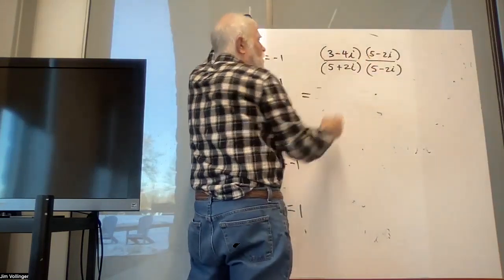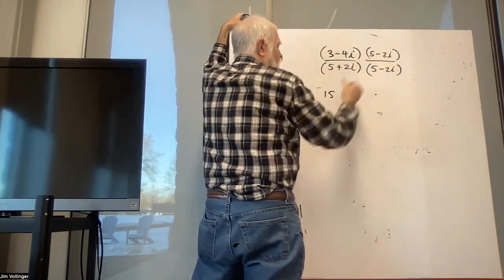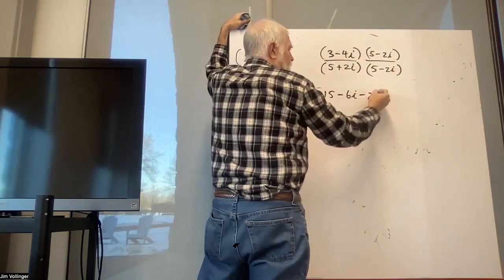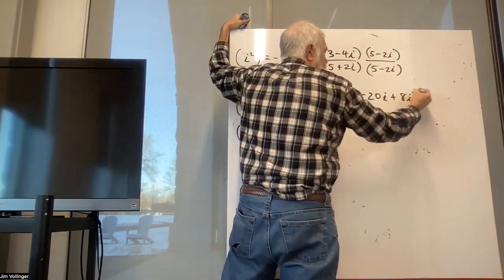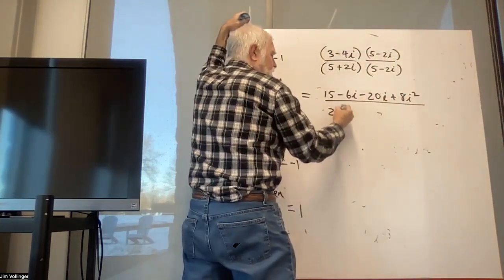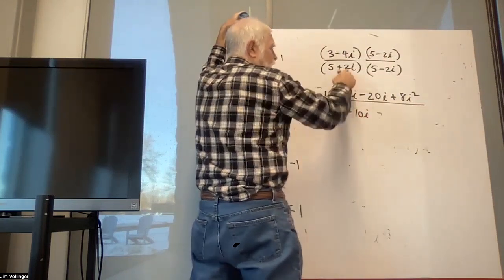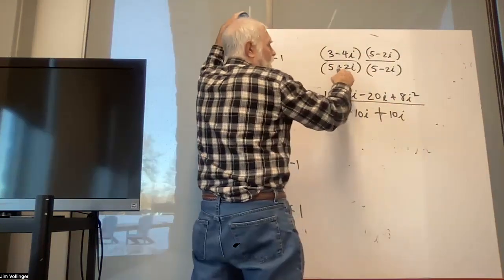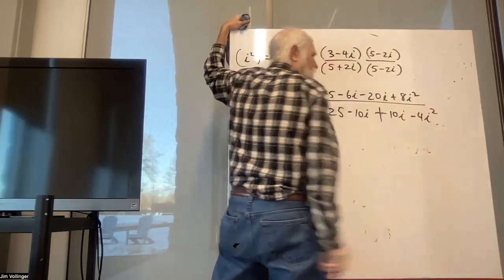First, we'll do the numerator. 3 times 5, 15. 3 times minus 2i, minus 6i, minus 4i times 5, minus 20i, and then positive 8i squared. Divided by 5 times 5, 25, 5 times minus 2i, minus 10i, 2i times 5, positive 10i, positive 2 times -2, minus 4i squared.